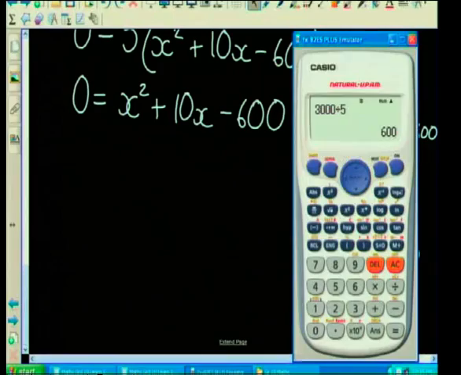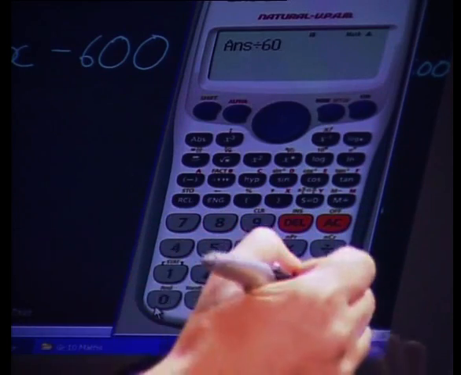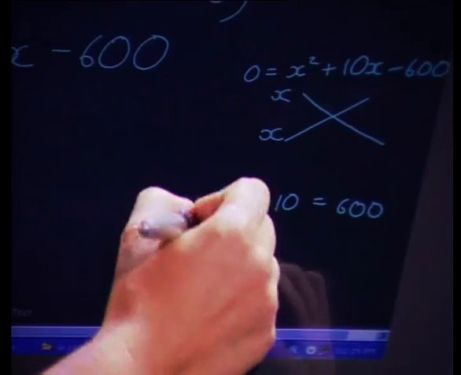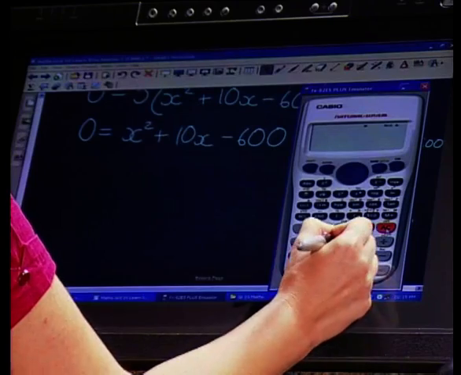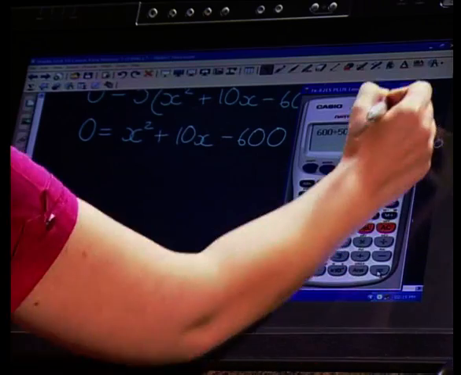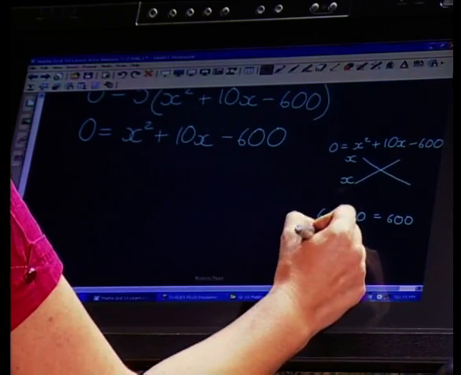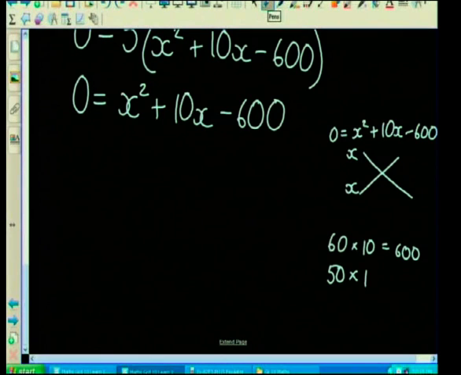Will 50 work? 600 divided by 50 gives us 12. So 50 times 12 gives us 600, but that's not going to work because we need 10.